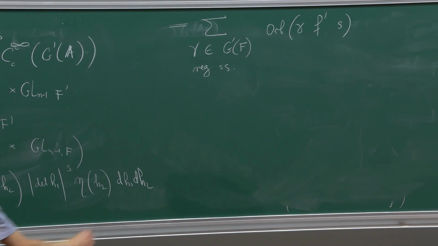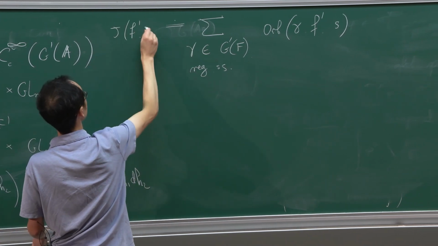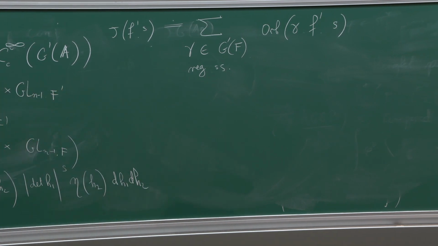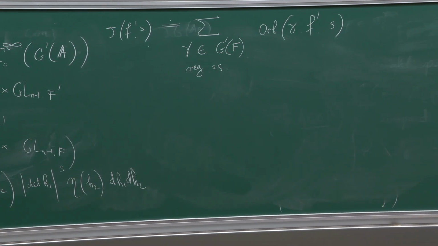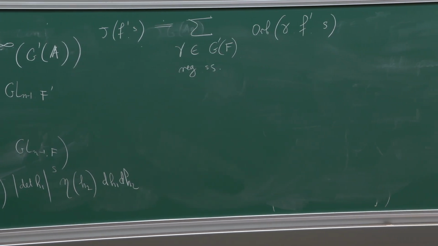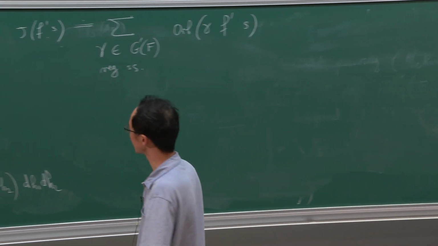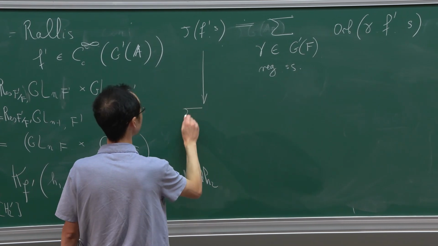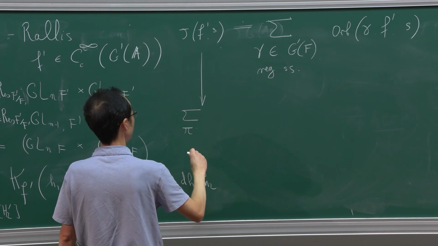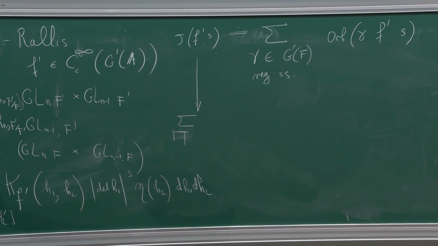So J(f prime, s). The spectral side, the spectral decomposition: you take the spectral decomposition, you get capital pi, an automorphic representation of G prime.